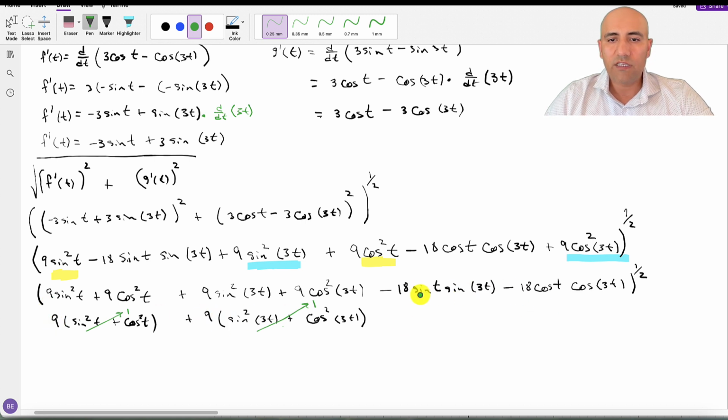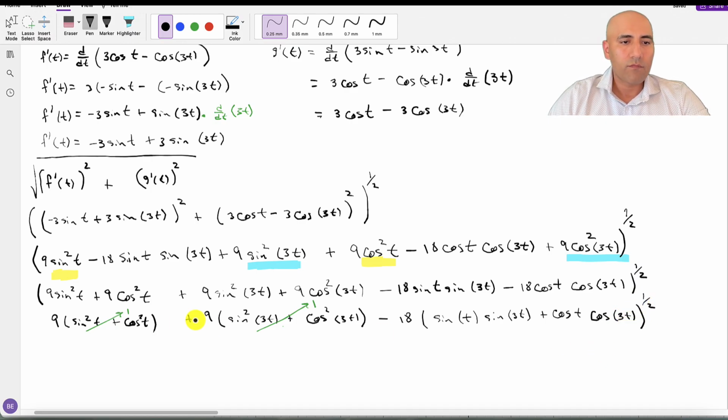And now these two terms, let's factor out the minus 18. If we factor out the minus 18, we get a plus: sine of t, sine of 3t, plus cosine of t, cosine of 3t. All of that still being raised to the power of 1/2.